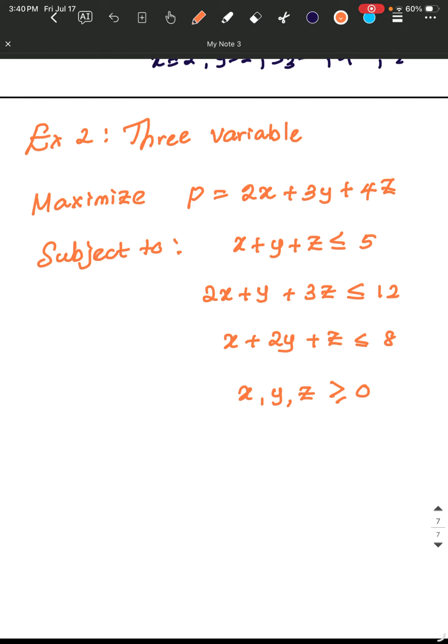Okay, let's convert this into the standard maximization problem. Here we have all conditions satisfied. The maximize the objective function subject to the constraints are less than or equal to a constant value and the non-negativity satisfied. Then step 1, add slack variables.